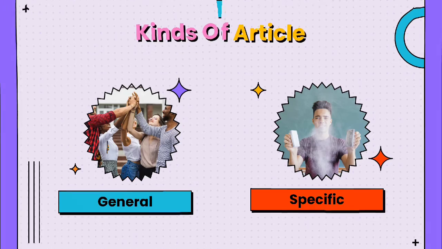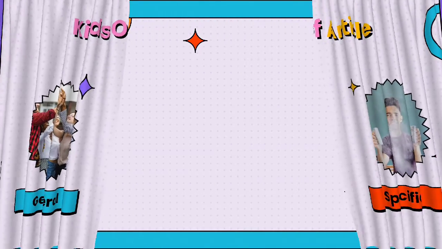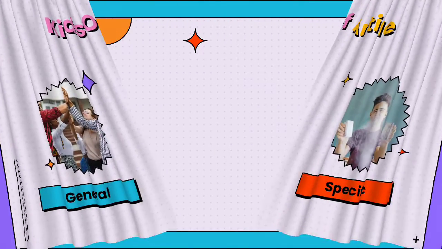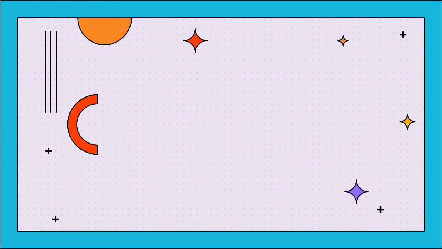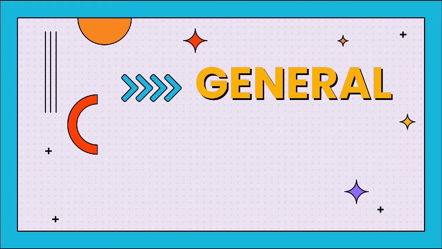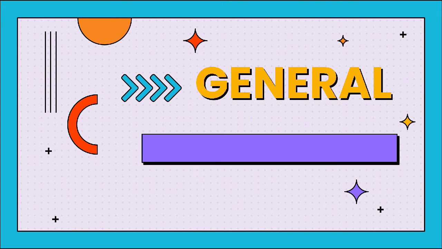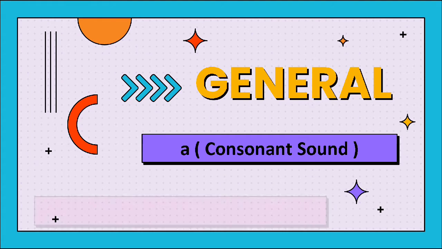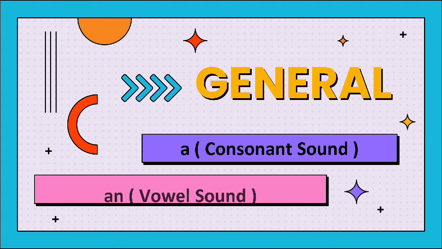Well, friends, first we will explain the article in general. Nouns in general are divided into two types, namely a and an.